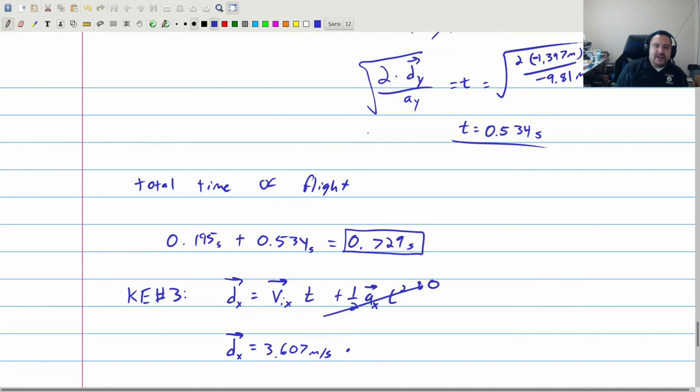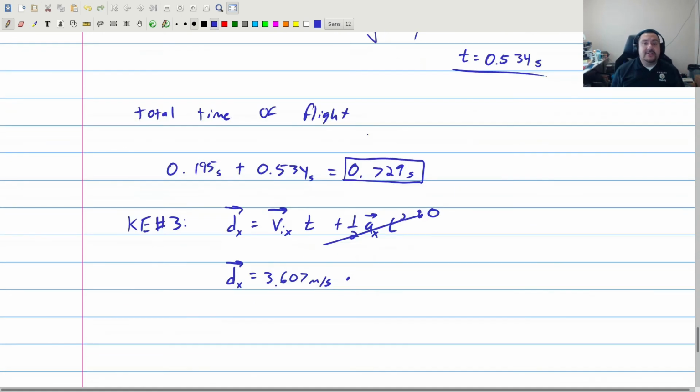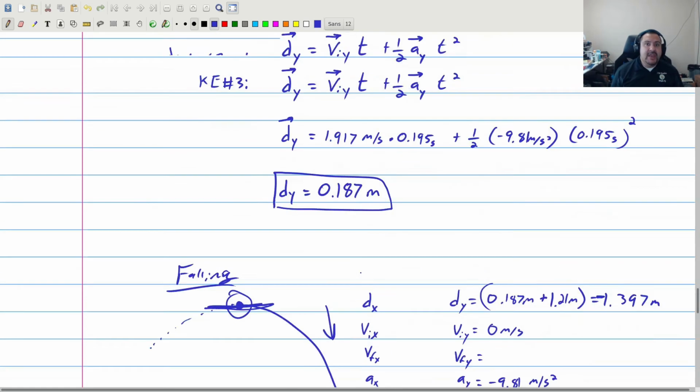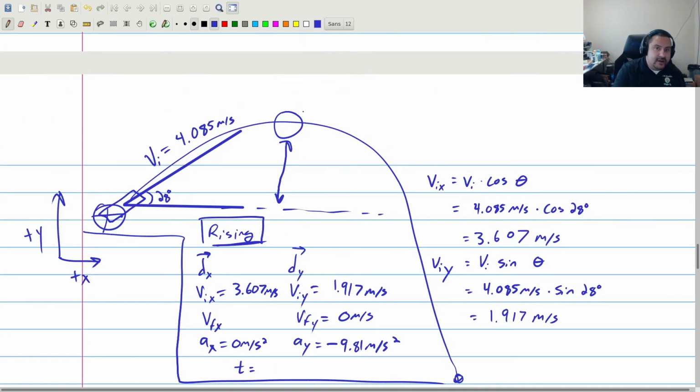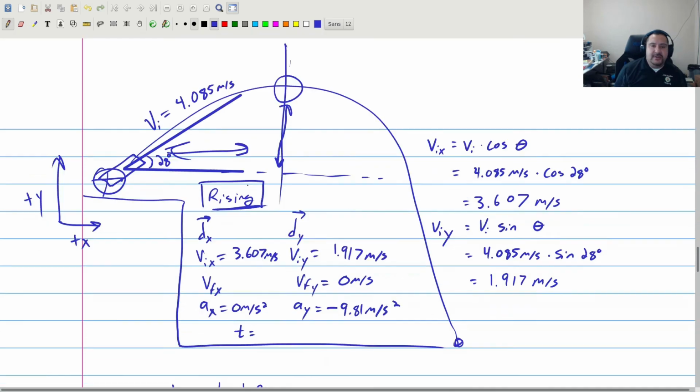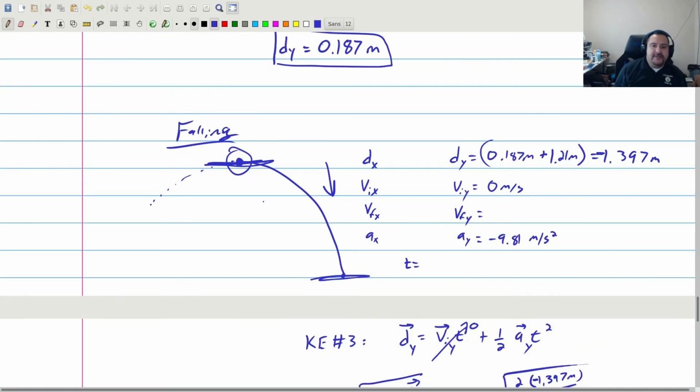The time it's rising, the time it's falling, or the total time of flight? Well, if I want to know the entire distance it went, I need to use the entire time. So I'm going to use the total time of flight here to figure out the entire x distance. If I wanted to figure out how far it had gone to here, I would use the time it's rising. If I wanted to find out how far it goes in this falling part, from there to there, that would be the falling time.